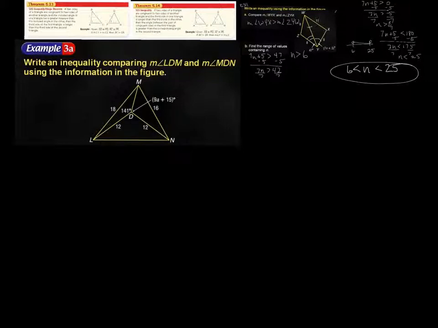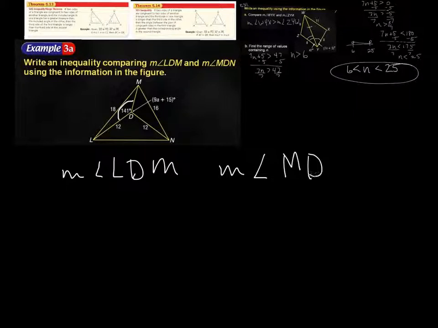Sample 3A, write an inequality comparing the measure of angle LDM and the measure of angle MDN. I just marked that with different marks to tell them apart, so we're seeing where we're looking.